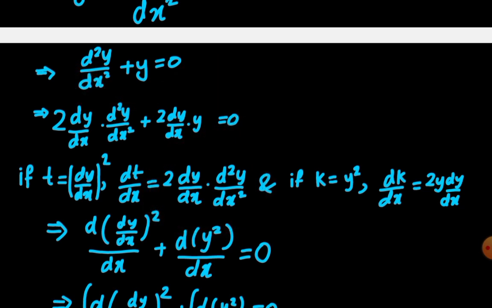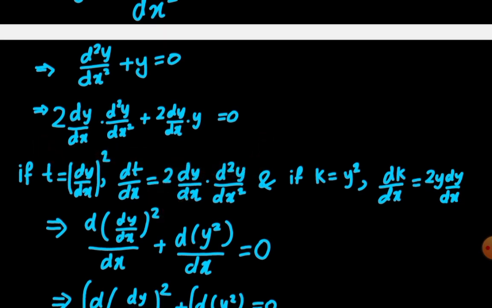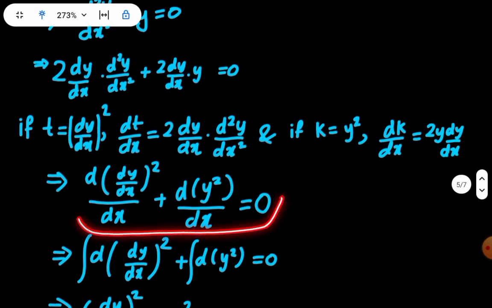Once again, if we define a variable k equals y square, and differentiate it with respect to x, we get 2y dy by dx, right? Similarly, this expression is also in our original expression that we obtained from multiplying with 2 dy by dx, right? Hence, we can simply convert it into this particular form.